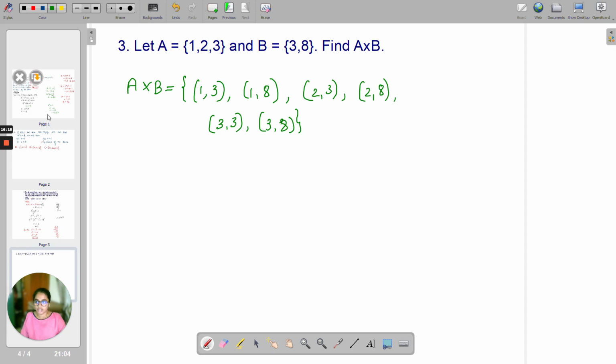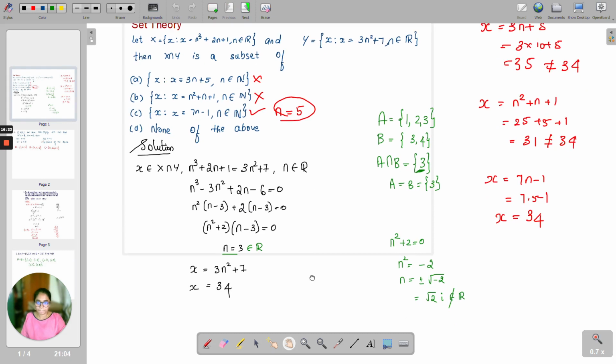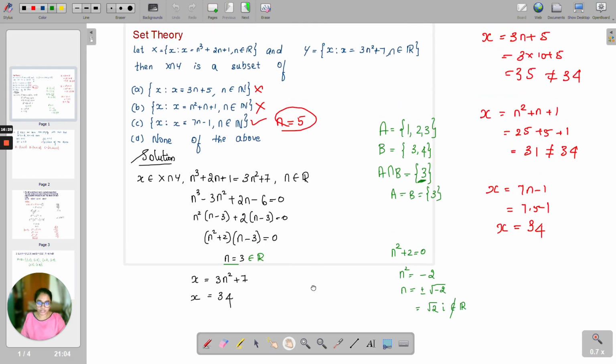Right? So how did we solve the first problem? We equated the two equations because they've given x intersection y. Using that n value, we substituted it back and we got an x value. That x value, we put some n values for the given question to check if we would get this x value, and we found that the C option was right.